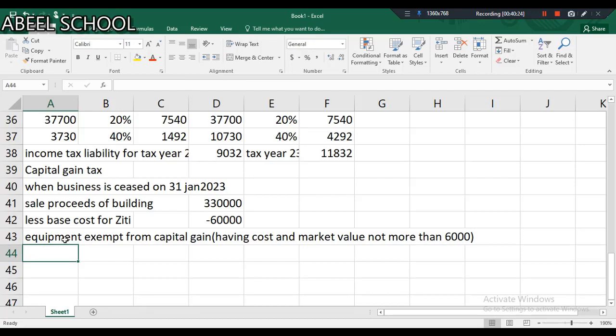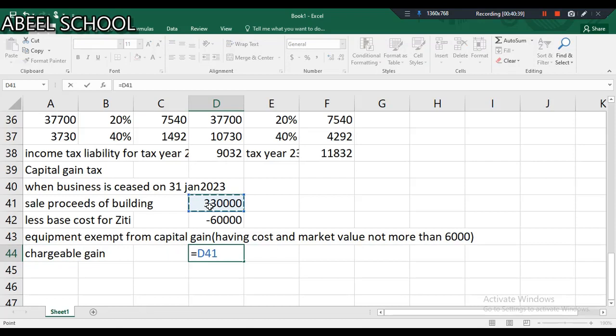Okay. So simply we'll have chargeable gain. From 330, I will deduct this 60,000.